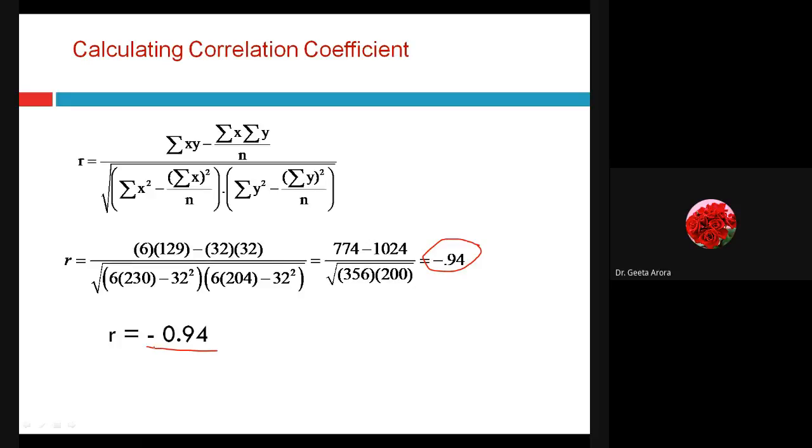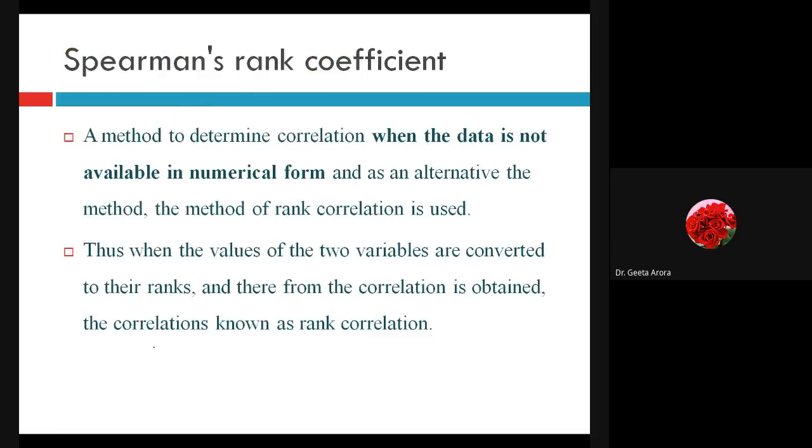Correct, so we have a strong negative correlation, or we can say an indirect strong correlation. So we are done with correlation, one topic with some examples, and some theory is finished.